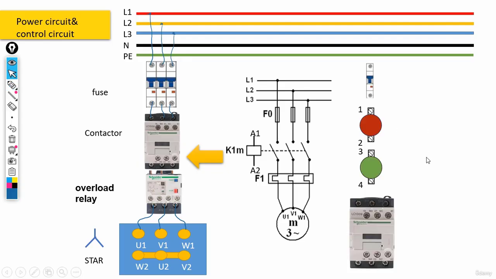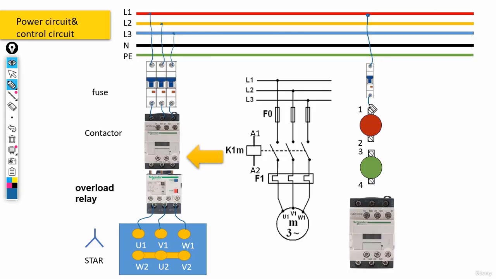Now, in addition to all of this, I've actually added this stop push button here, to this whole circuit, and don't worry, we're going to talk about it. Now, let's see what we can do here. I'm going to get a phase and connect a phase from this L1 to the fuse, like this.